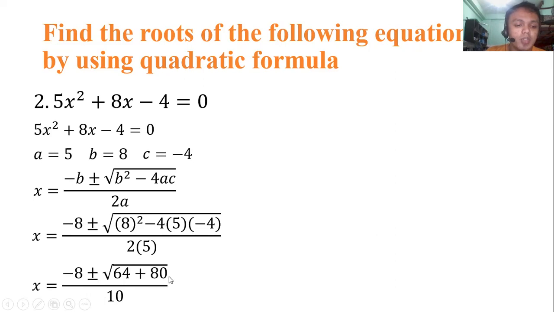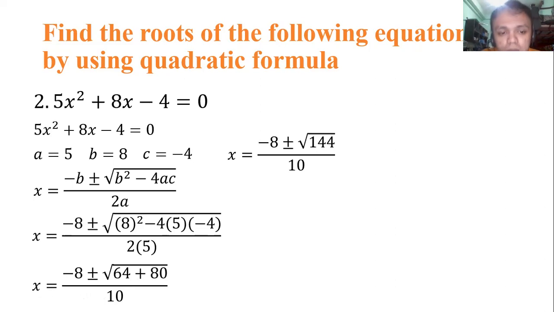So add 64 plus 80. That is 144. Is 144 a perfect square? Yes, that is a perfect square. And then the square root of 144 is 12. Now, let us separate. One positive, one negative.